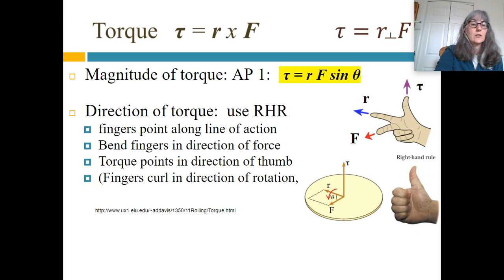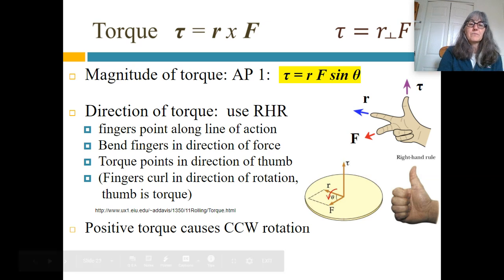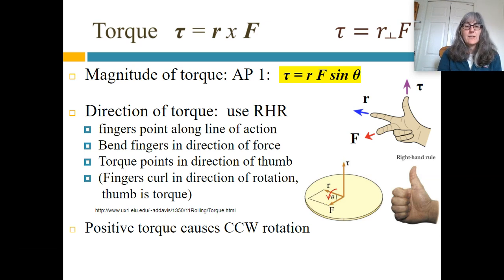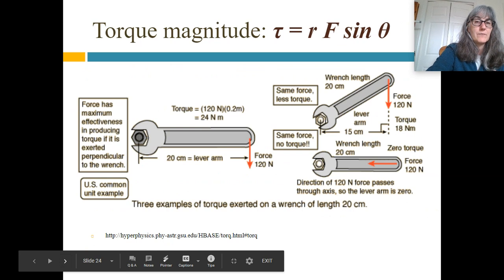But again, the direction is not crucial because we will be using these in problems. The convention is that positive torque causes counterclockwise rotation, but we basically approach this the same way we did with free body diagrams. Make the acceleration whatever direction you want it to go in, so you can make the sum of the torques be in whatever direction you want to go in. So don't stress about the direction at all.